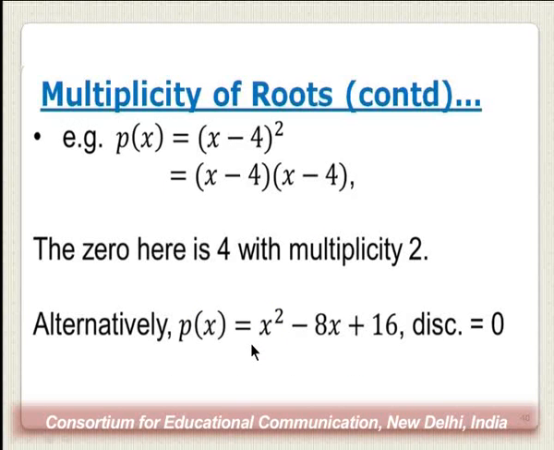In terms of the discriminant, you would know that the discriminant has to be 0 for a quadratic function if the graph has a repeated root. So, clearly you can see here, if the function is x minus 4 the whole squared, that can be written as x squared minus 8x plus 16. If we calculate the discriminant, that's b squared, which is 64, minus 4ac, which is 4 times 16.